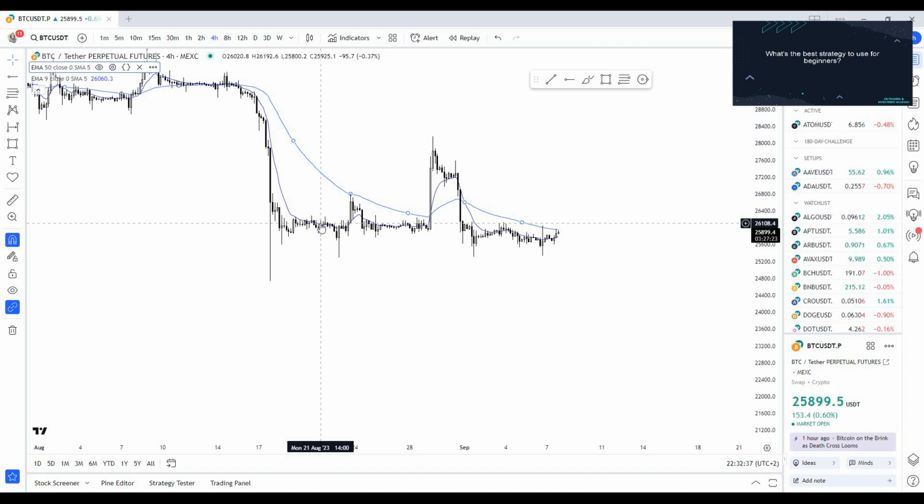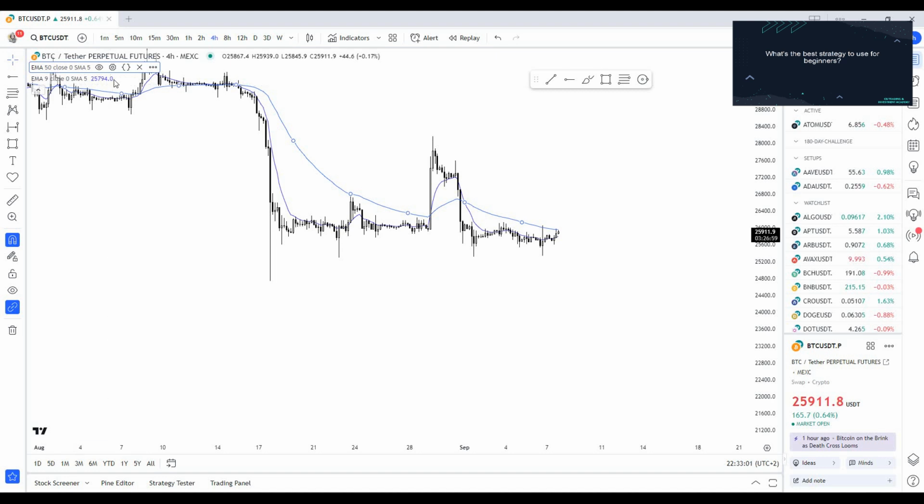Then you have the exponential moving average, which gives more weight to the last candles. So it makes the EMA a little more reliable, because it fluctuates with price more.